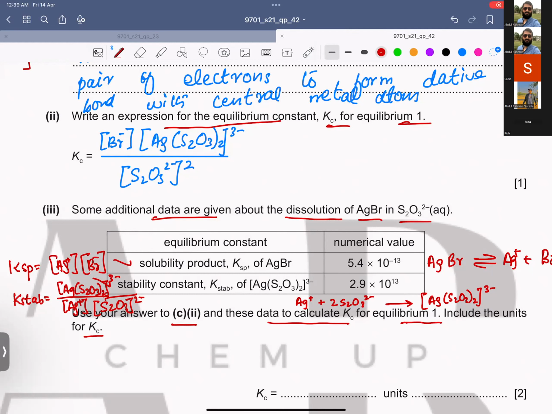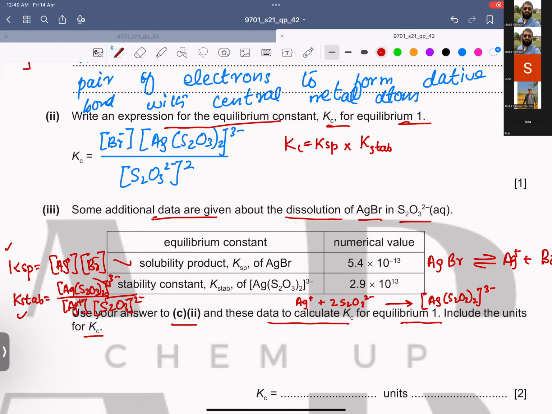Compare these two equations. As I have written down these equations, I can easily relate these two: Ksp times Kstab is equal to Kc.